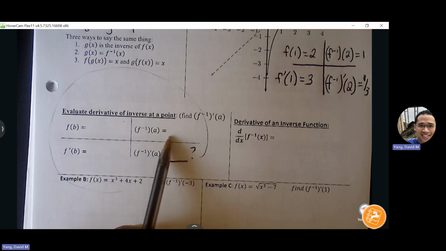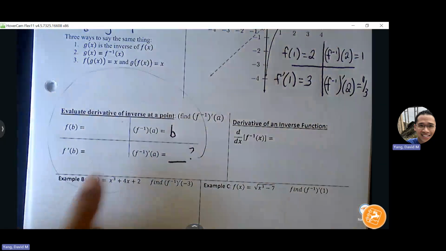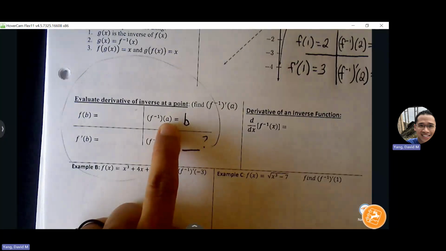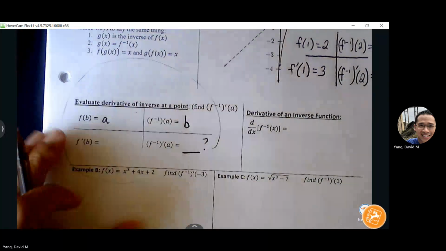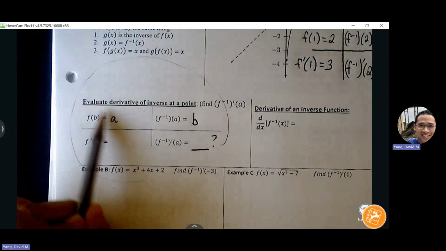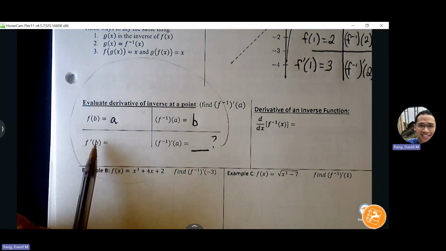So I'm going to use my information here to first establish my ordered pair. Let's say my ordered pair for my inverse is a comma b, which means that my original function must be b comma a. Once I establish this relationship, I can then find the slope of the f graph at b.